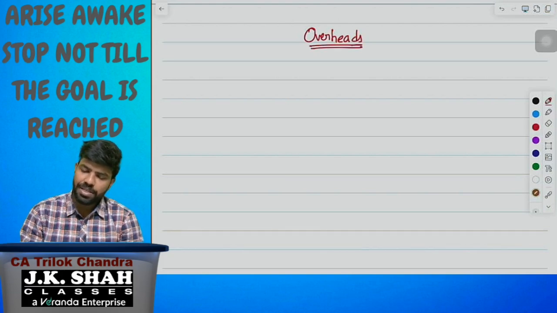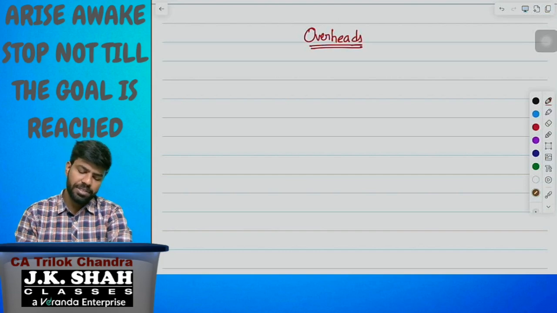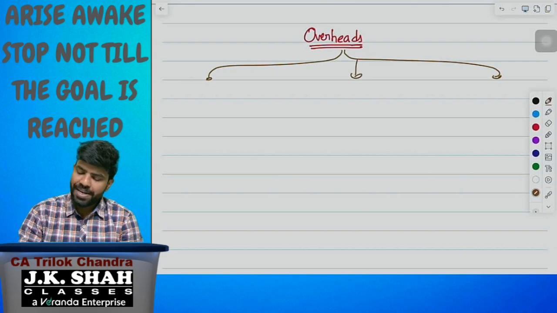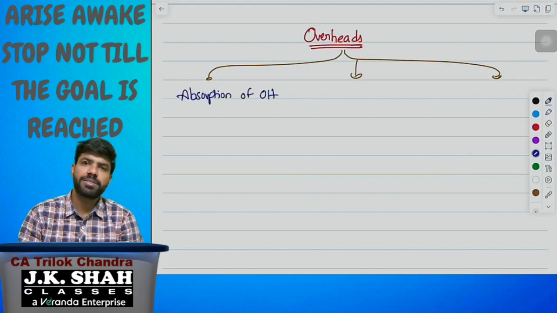Let us get the overview of the chapter called overheads. Mainly three concepts. Number one, absorption of overheads.